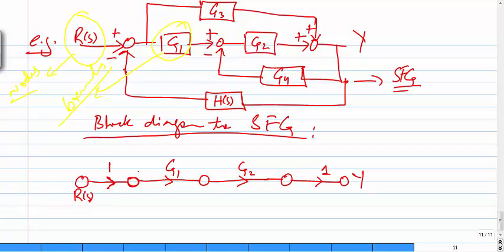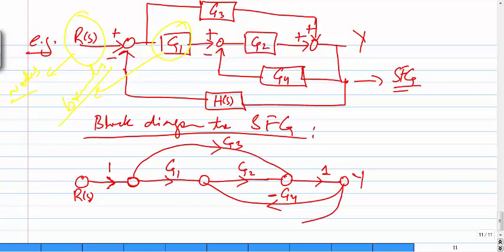So from this node to the last node we have 1 adding, so we can say that this is going to this one with a gain of G3. Now again, from the last node we are going back before G2 with a feedback of G4 with negative sign because this is minus.